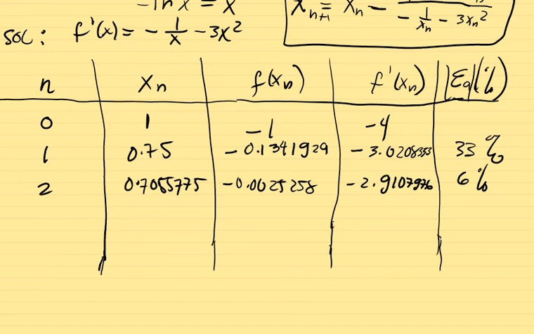The next, 3, for the third value. So what will be our xn?